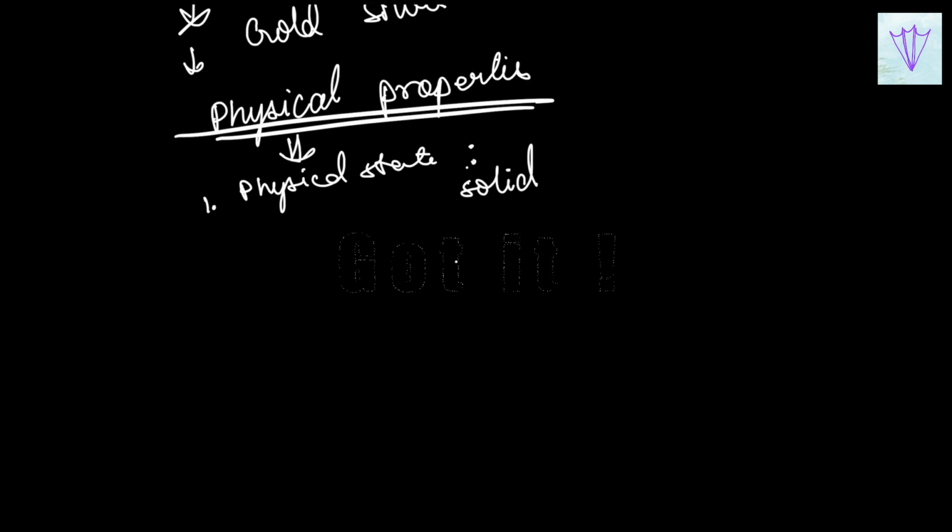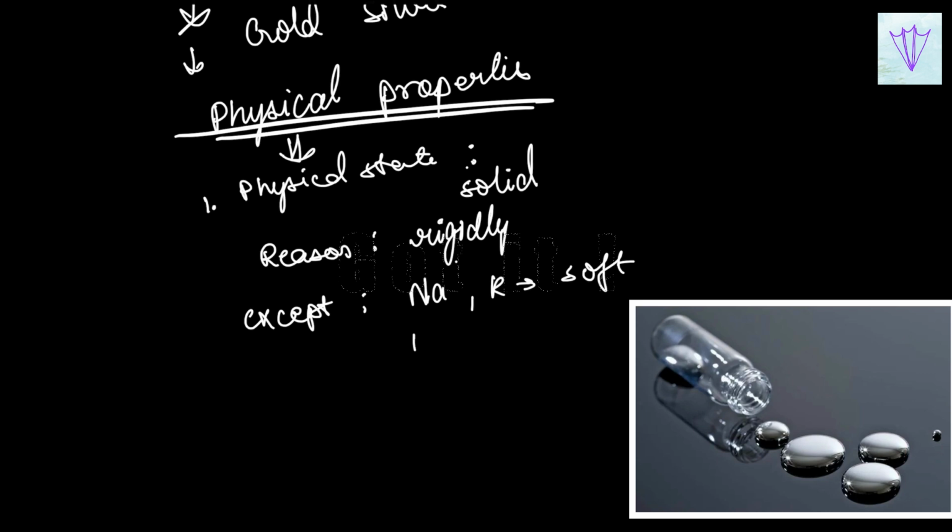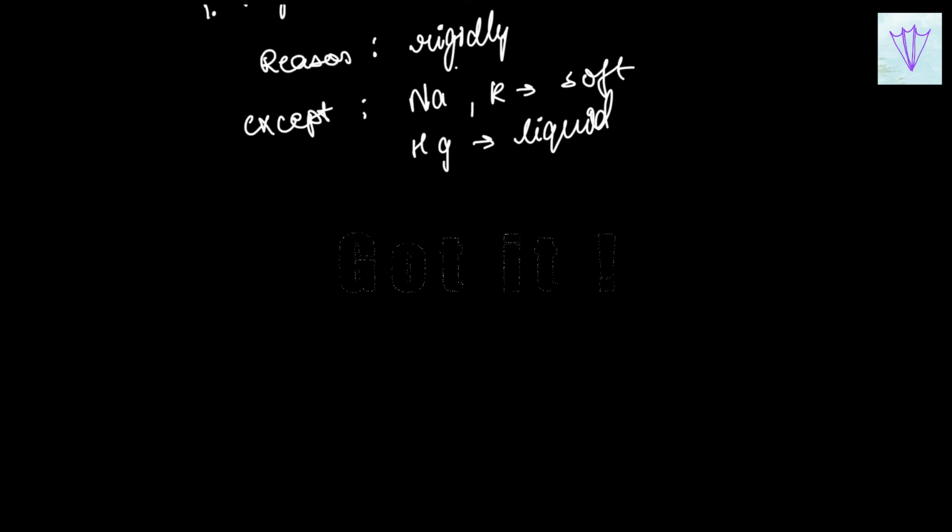For example, gold, silver. The reason for this is that the atoms of metals are rigidly, or tightly, packed. One such exception is that metals such as sodium and potassium are soft, and mercury is liquid at room temperature.